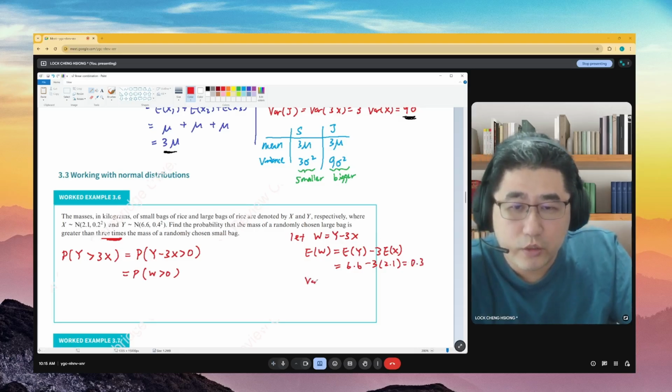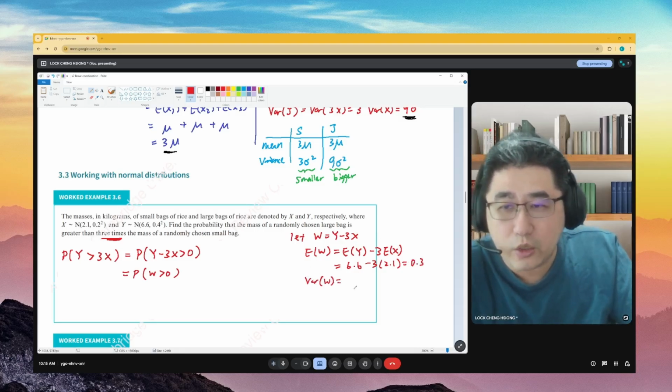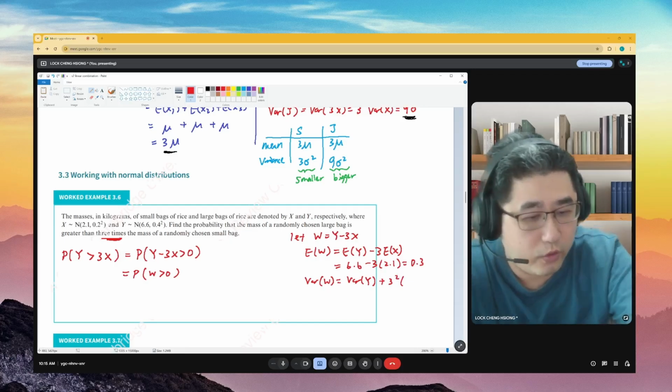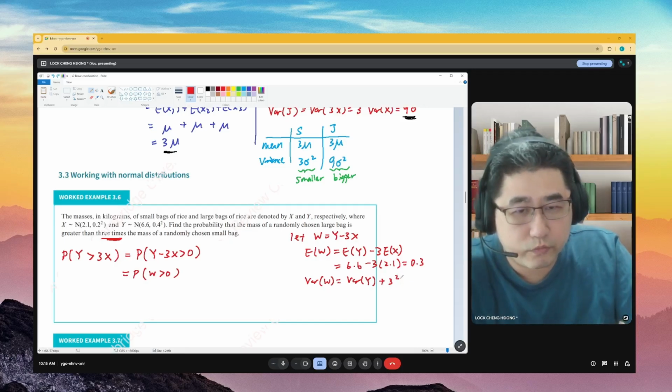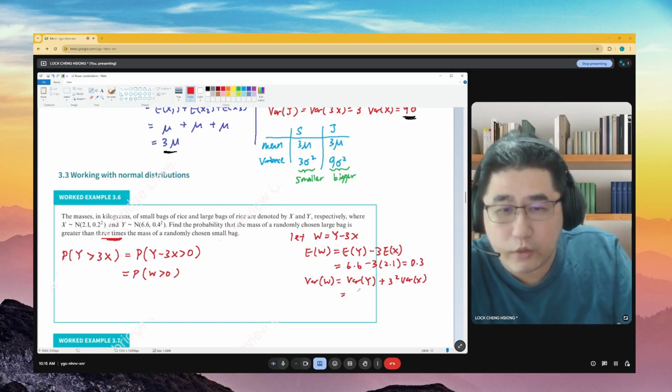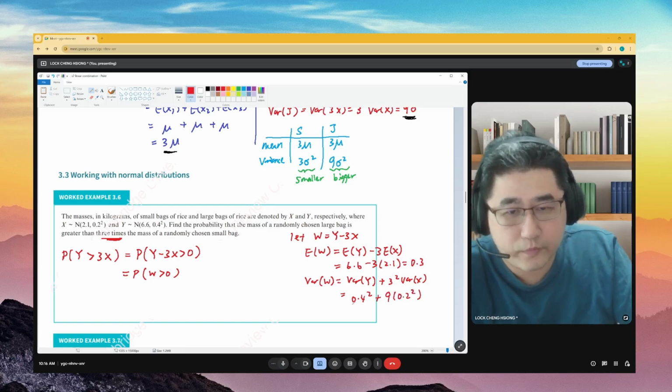And the variance of w will be variance of y plus 3 squared times variance of x. So I have 0.4 square plus 9 times 0.2 square.